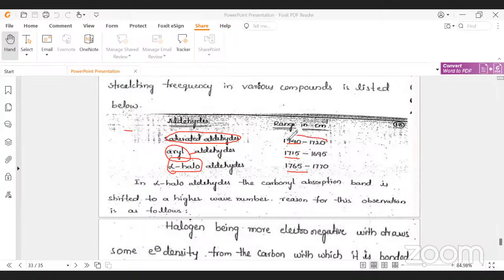This is a saturated aldehyde, which is neutral, this is an electron donating aldehyde, and this is an electron withdrawing aldehyde. The simple concept.